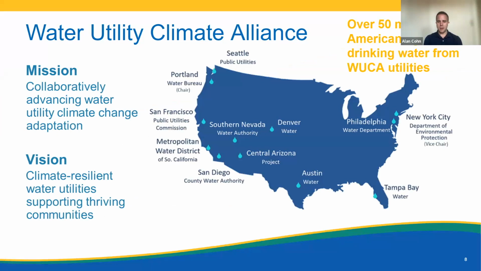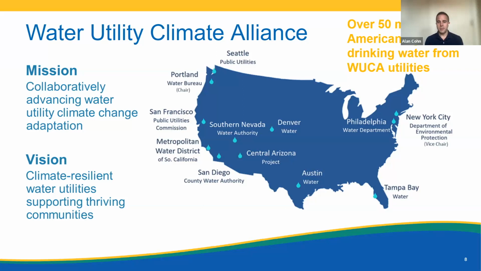I am, as Alyssa said, with the New York City Department of Environmental Protection. We are the current vice chair of the Water Utility Climate Alliance. For those of you that are not familiar with WUCA, you can see our membership here along with our mission and vision. We serve over 50 million Americans.